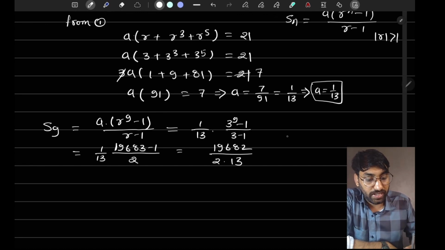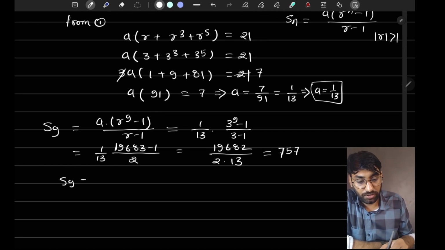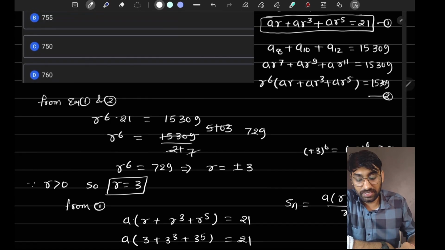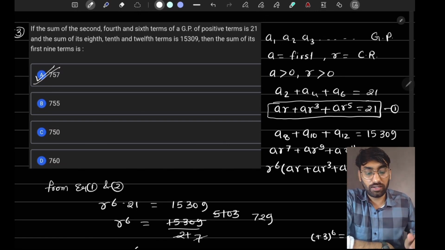Correct? If I cancel out, I will get the value 757. We just need to cancel it out. So my S9 will become 757. The value of S9 will be 757, which is option A. So I hope this question is clear. Okay. Now let's see the next question.